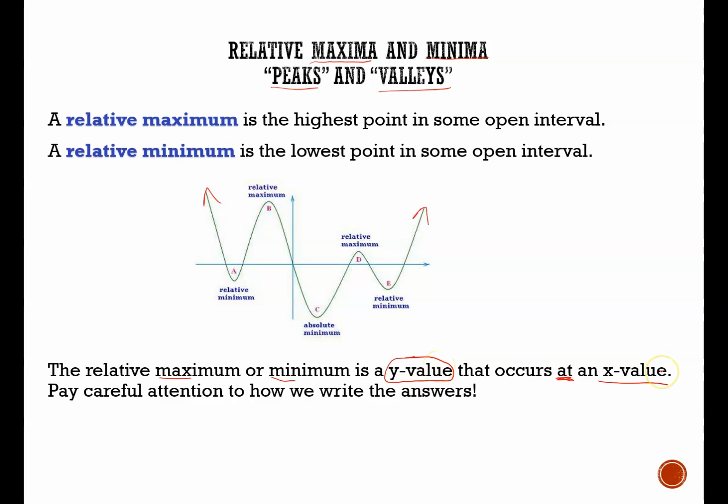And then we will go ahead and tell what x it occurs at. It should make sense that the y value is the max or min because you're talking about a high point or a low point. And when you talk about high and low, then we need to be thinking of y values. Left and right would be x values. Okay, so let's see some examples.